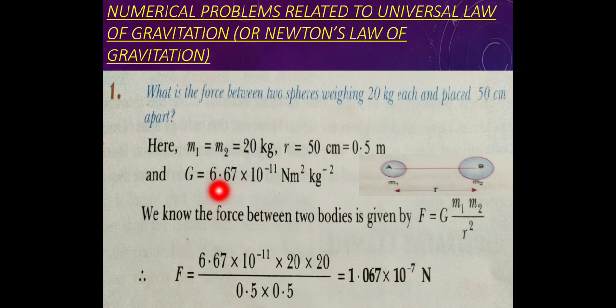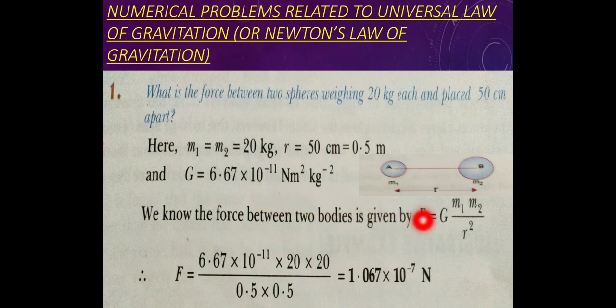How do you get 6.7? Because this 7 is greater than 5, so 1 is added here. So it is 6.7 into 10 to the power minus 11. In many books you will see it written as 6.7 into 10 to the power minus 11. That is no problem. It is the same thing, only they have rounded up.